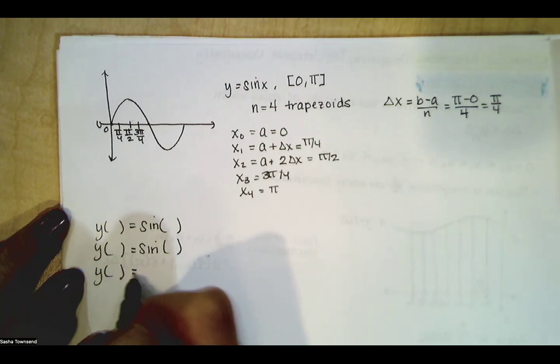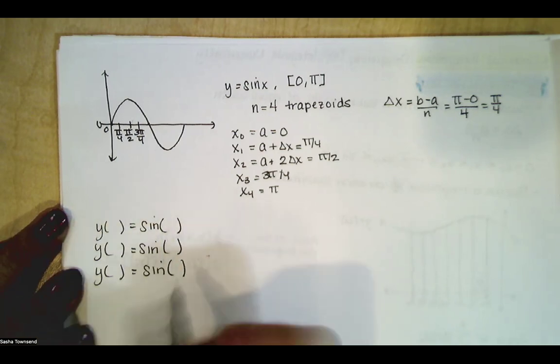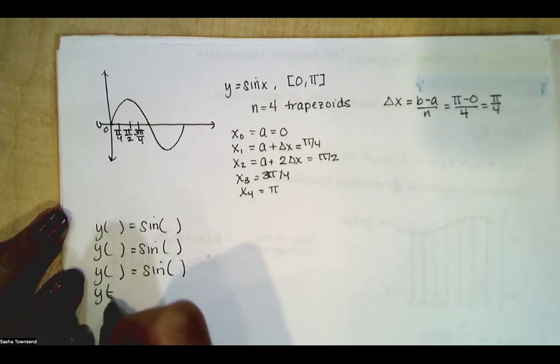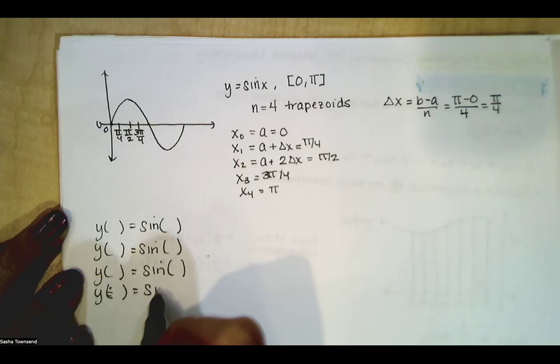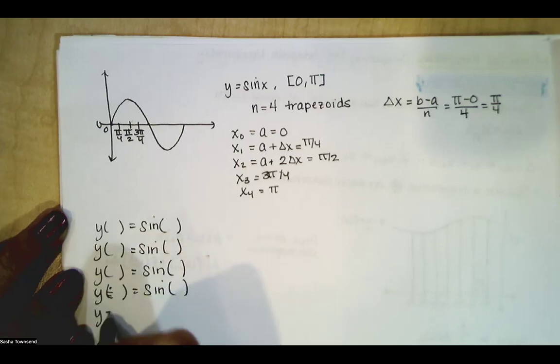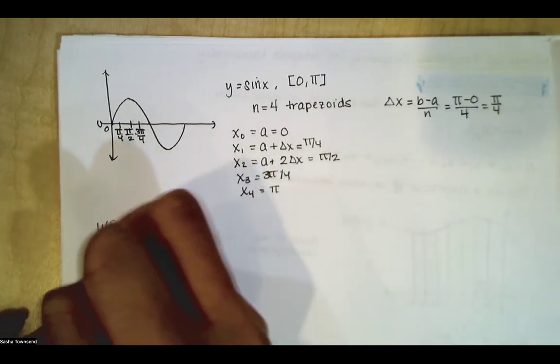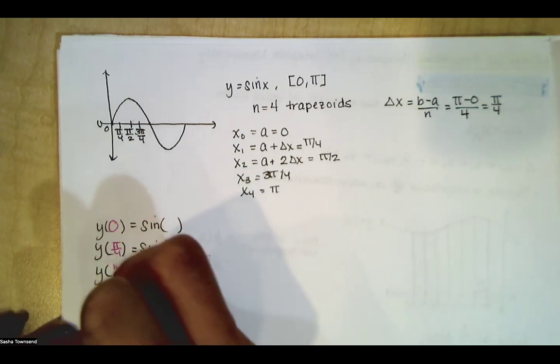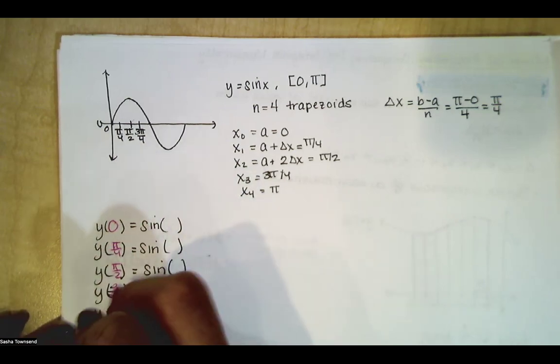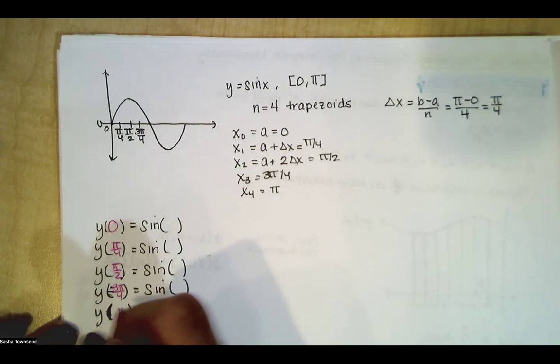So we can find those values relatively easily, probably remember them. We're evaluating at 0, pi over 4, pi over 2, 3 pi over 4, and pi.